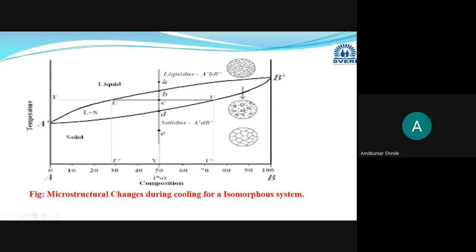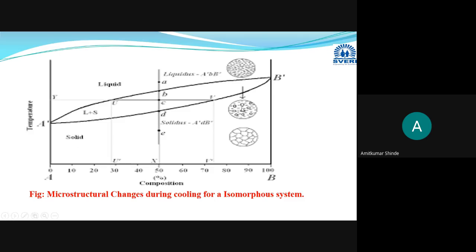From here A to B, as the marking is given, it will be only liquid initially. Just see this top diagram. In this A to B region, only liquid will be there. Then in this region B to D, in between, some amount of liquid and some amount of solid will be there.